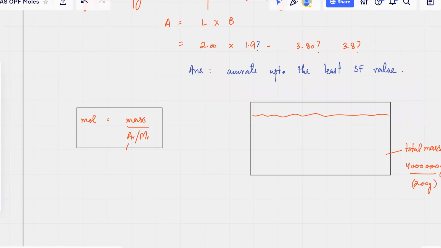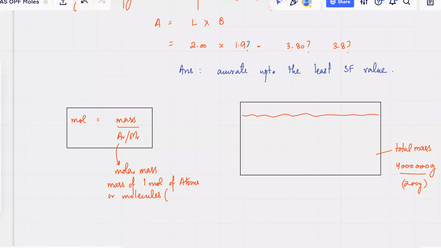So you divide by the AR or MR, which is the molar mass, which is basically, in simple terms, the mass of 1 mole of atoms or molecules, which is given in the periodic table.